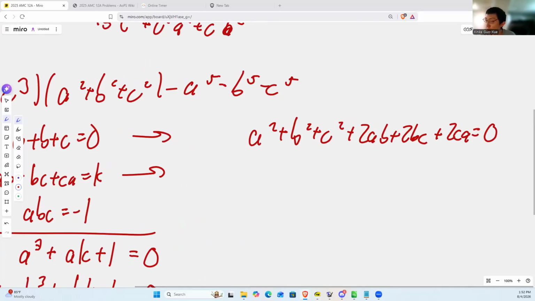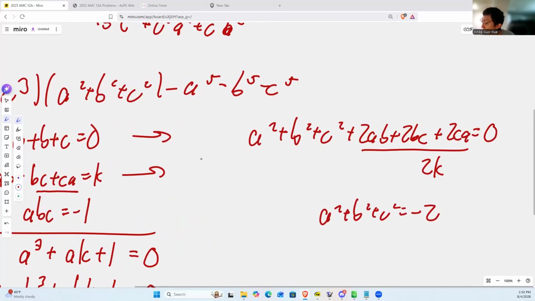But Vieta's also told us the sum of the roots taken two at a time is k. So this is just 2k. So a squared plus b squared plus c squared is just negative 2k.